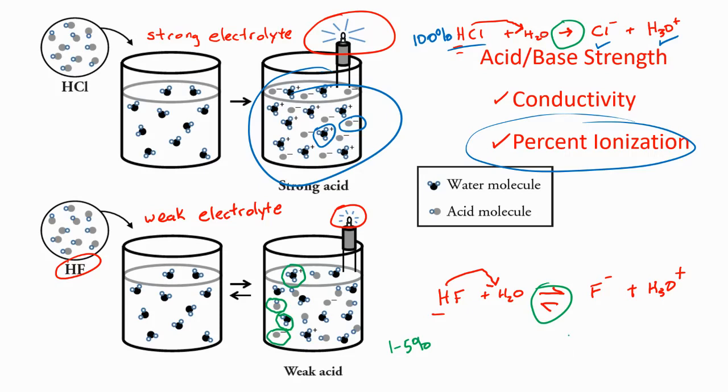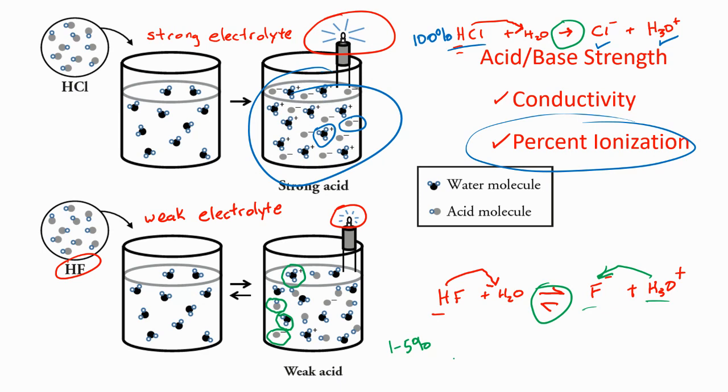But for the most part, F minus is pretty good at collecting a hydrogen back from H3O plus and forming HF and water. So this is a very reversible reaction and forms equilibrium, as we've talked about in the past. And since that reaction happens in the reverse direction, you still have some reactant, a lot of reactant, to be honest with you, at your disposal.